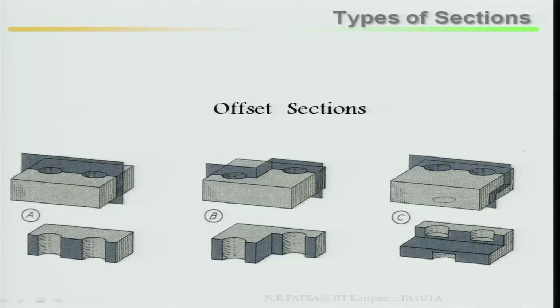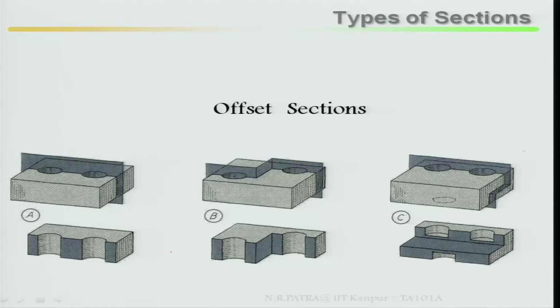So if I take a plane that makes the object half and passes through these holes at the middle, then I can see what is inside the hole: whether the hole is throughout, or half of the hole, or anything else.